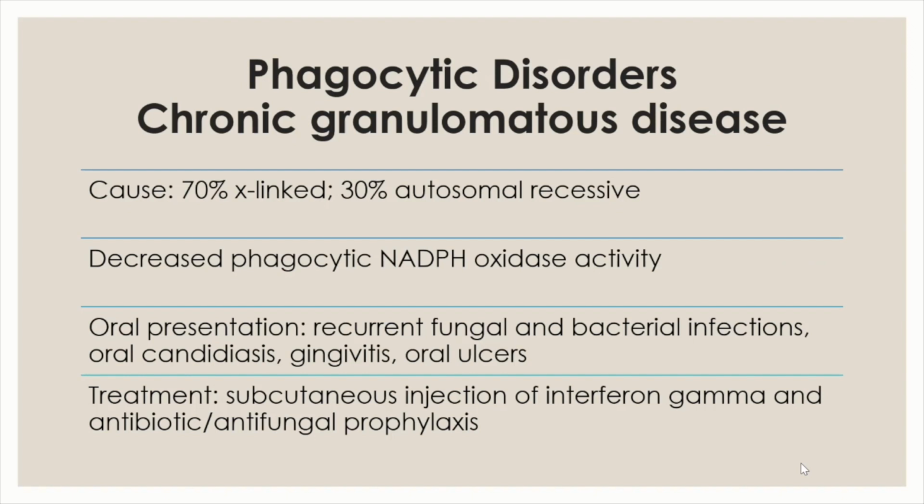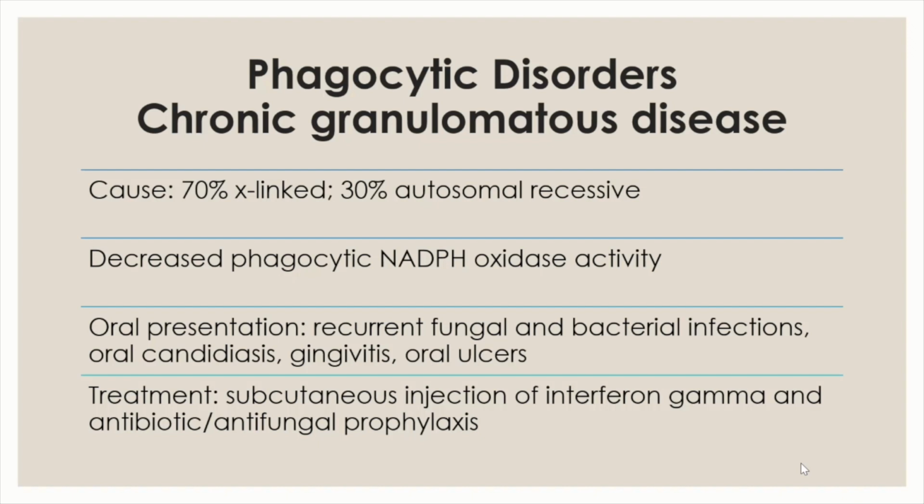So, an example of a phagocytic disorder is chronic granulomatous disease. The cause is 70% X-linked and 30% autosomal recessive. The patients with this condition have phagocytes that engulf particles normally, but then fail to generate superoxide anion, hydrogen peroxide, and also hydroxyl radicals to kill the bacteria and fungi.